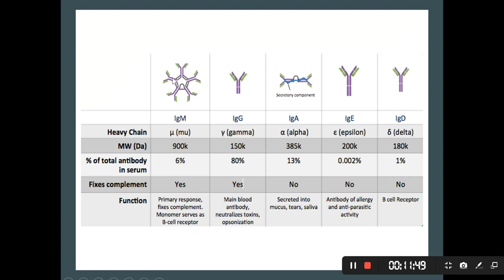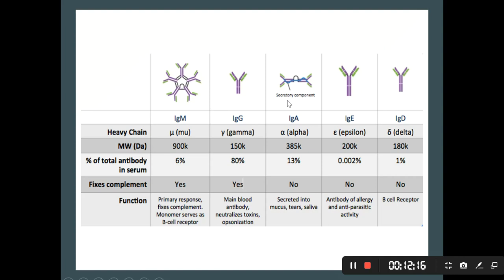IgM has five structures together, forming a circle-like thing. IgG is Y shaped, with two wings. IgA has two attached opposite to each other, and IgE has a bit of an elongated structure. IgD is a bit vague, but this is how the structures look.